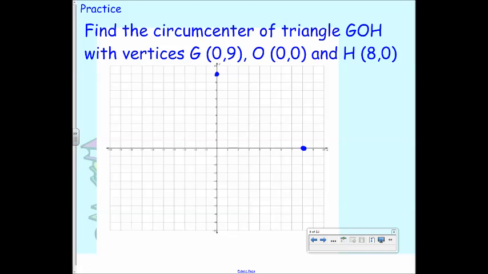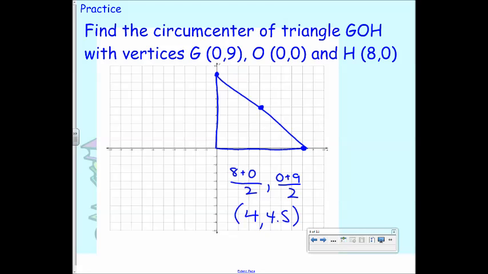It ends up being 8 plus 0 over 2 and 0 plus 9 over 2, which gives me 4, 4.5. And I know that works because this is what kind of triangle? It's a right triangle. So the perpendicular bisector is going to be on the midpoint of the hypotenuse. So Tiara, what would be a shortcut way of doing that?